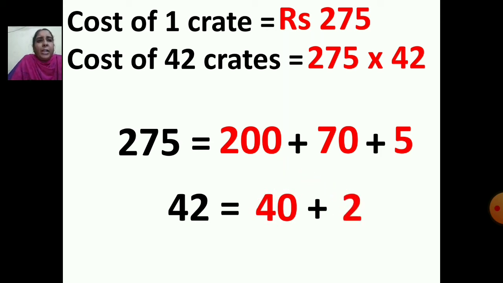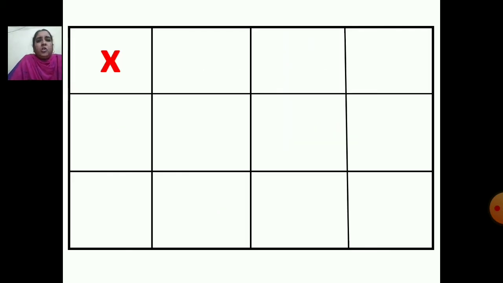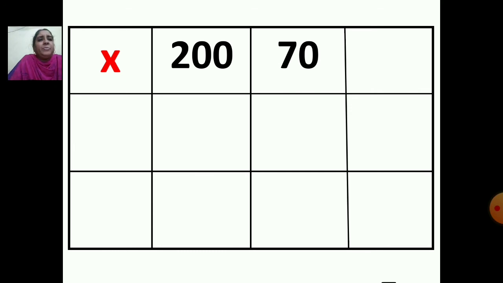Now after writing the breakup, we are going to multiply using the lattice method. So first you will put the multiplication sign, okay, and then you are going to start the sum. First column, what will come? 200, then 70, then 5, right? And down vertically what will come? 40 and 2.